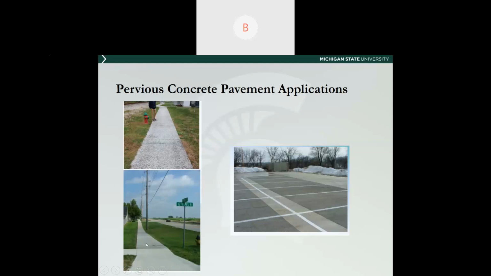This is only foot traffic. This is another sidewalk. Again, only foot traffic, no vehicular traffic. Maybe a bicycle or two, but really no significant loads on this. So this is just really allowing water to drain and then drain away from the pavement.